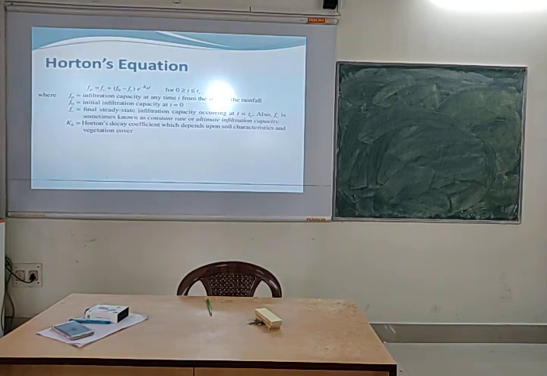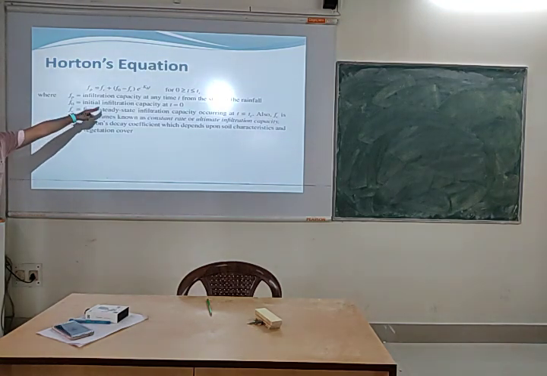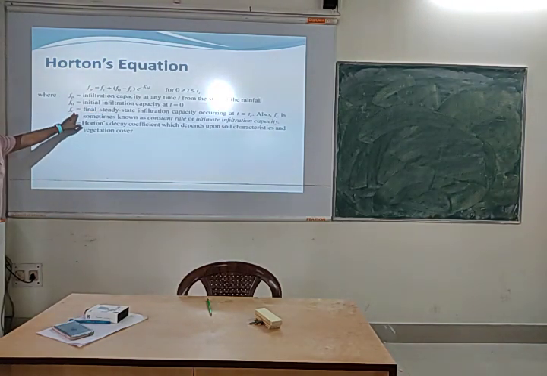Now Horton's equation is there, by which we can find out fp, that is infiltration capacity, where f0 is the initial infiltration capacity at time zero, and fc is the final steady state infiltration rate.